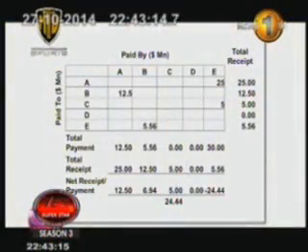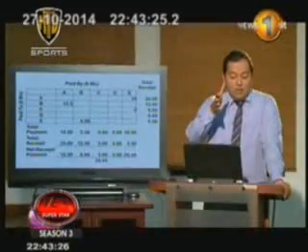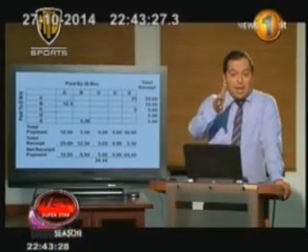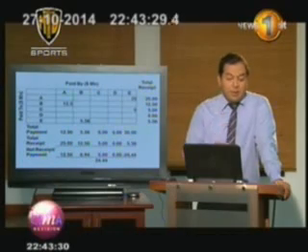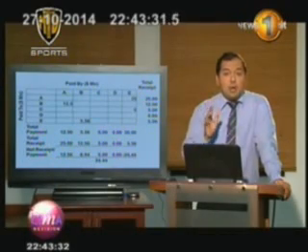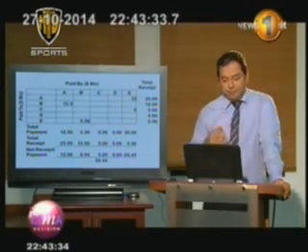If I go down further to 12.5, it's the total amount of money that B has received, and so on and so forth. Similarly, if you look at the totals going down this table vertically, it indicates the total payments that were made.